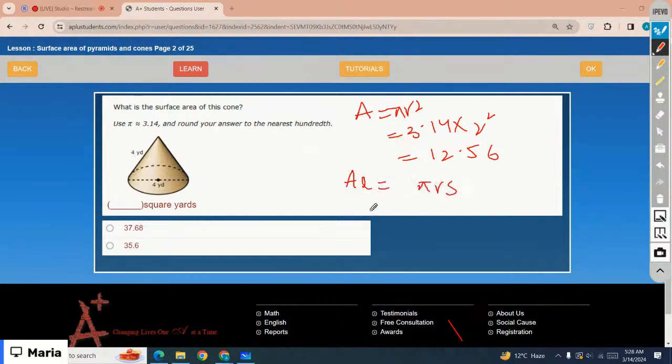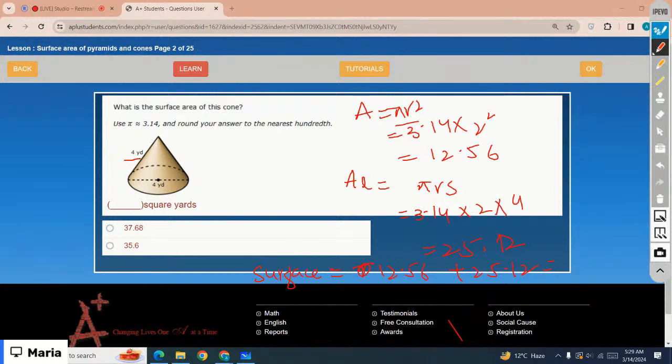That is 3.14, the radius is 2 and s is the slant height, that is 4. So that is 4 times 2 times 3.14, that is 25.12. For the surface area you have to add the area of the circular face, that is 12.56, plus 25.12. So the correct option is 37.68. Option 1 is the correct option, right?